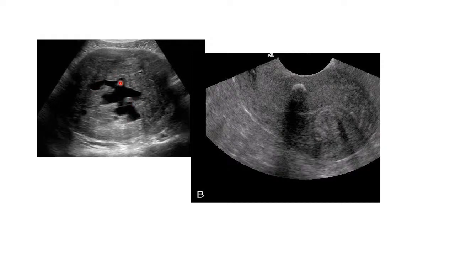It's part of necrotization. So it's dying. When it dies, it starts to form fluid like that. So this is a degenerating fibroid or degenerative fibroid.